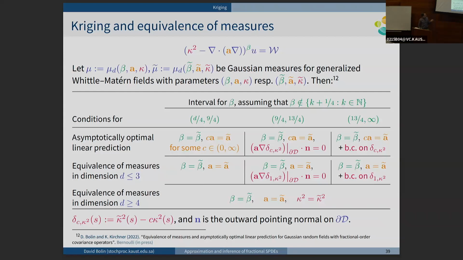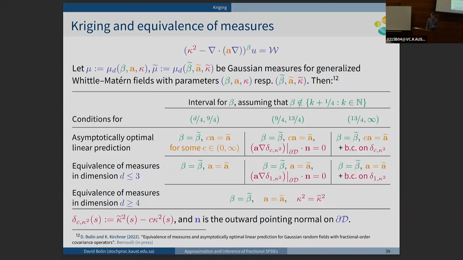Another thing that you can note is that for all of these results, you must have that beta is equal to beta tilde. So no matter if you want to do prediction or if you're looking at equivalence of Gaussian measures, which is also needed, for instance, for parameter estimation, where typically you have to use equivalence of Gaussian measures if you want to study asymptotic behaviors, for instance of maximum likelihood estimators, then we see that this fractional smoothness parameter is really crucial.